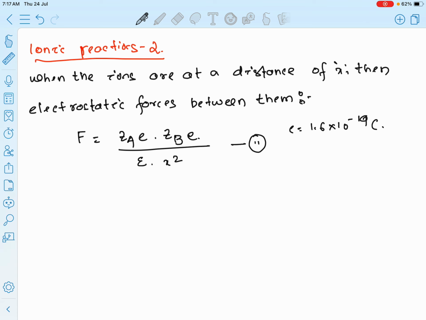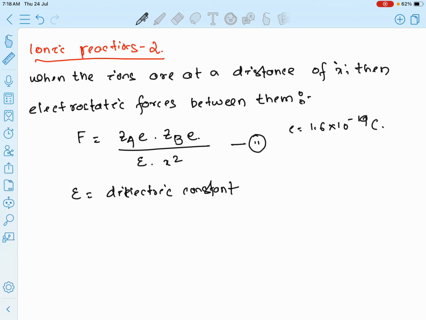And here, what is epsilon? Epsilon is the dielectric constant. As we are talking about ionic reactions in a solvent medium, and the solvent has a dielectric, we know that a dielectric has the property of decreasing the electrostatic forces of attraction and also the forces of repulsion between the ions.